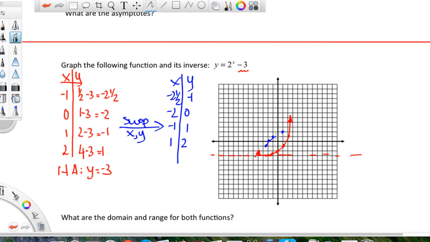Hopefully you see that it does something like that over here. This is one reason the asymptotes are important, because if you said that it does this, I would have to mark off.